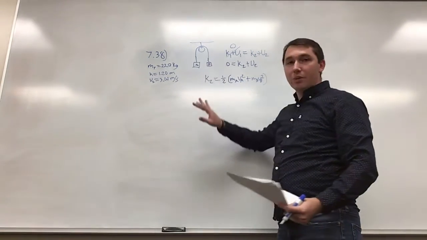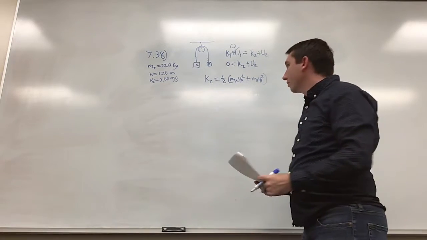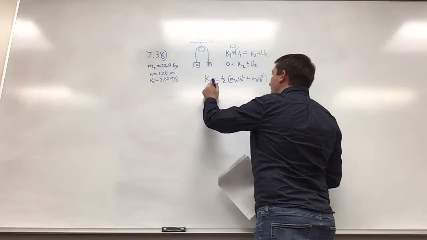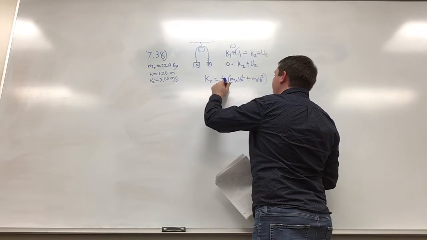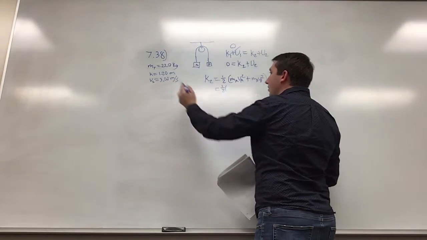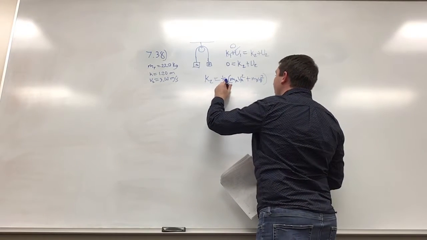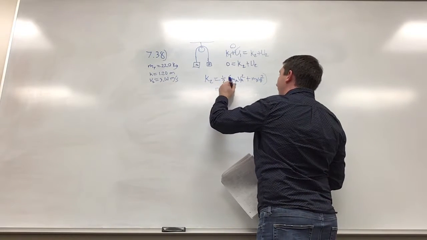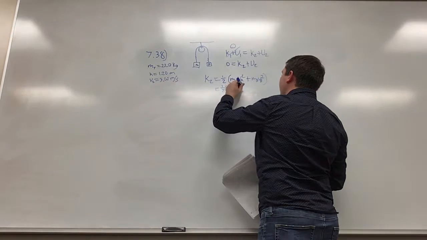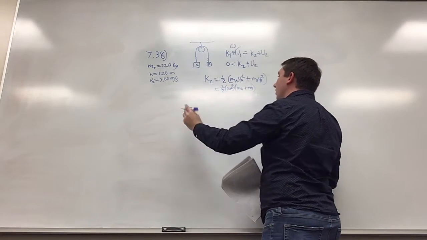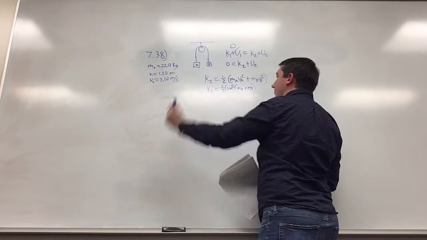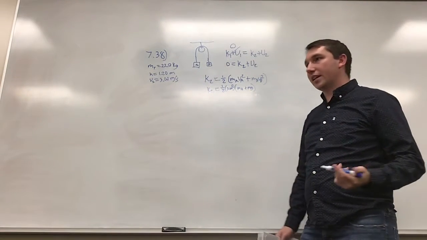Because they're connected by a pulley, they're going to have the same velocity. So we can take that out. They have a velocity of 3 meters per second, squared, times mass A plus mass B for K2, or second kinetic energy.